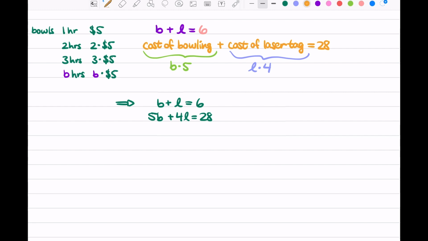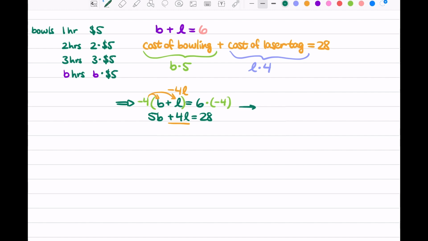So let's make the L disappear. How would we do that? When we combine these equations, we're going to have a plus 4L on the left side. So we're going to need a minus 4L up here so that it disappears. In order to get that, we need to multiply our top equation by negative 4 on both sides, because when we distribute that negative 4, we're going to get our negative 4L.